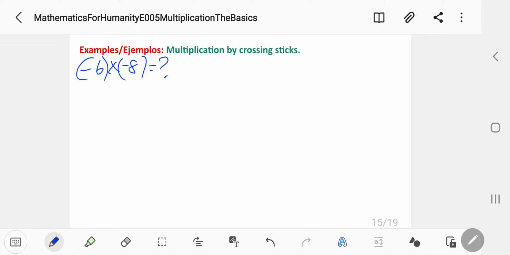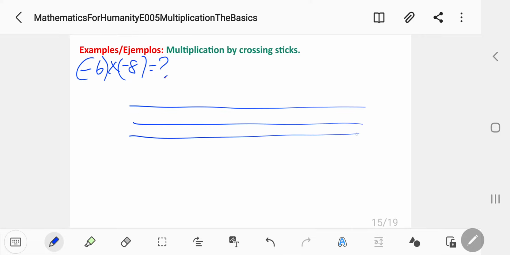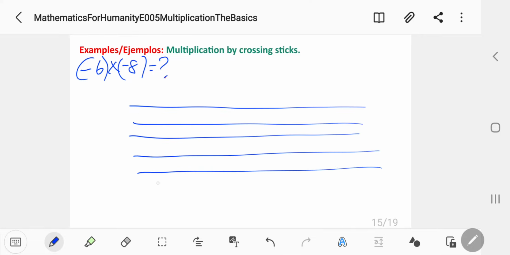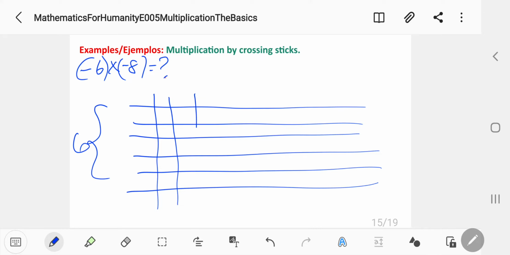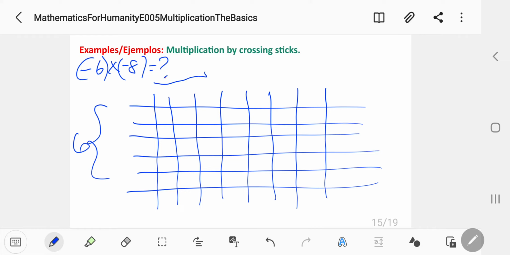So you have here 1, 2, 3, 4, 5, 6. This is 6. And then you cross 8 lines on the horizontal lines. 1, 2, 3, 4, 5, 6, 7, 8. This is 8.